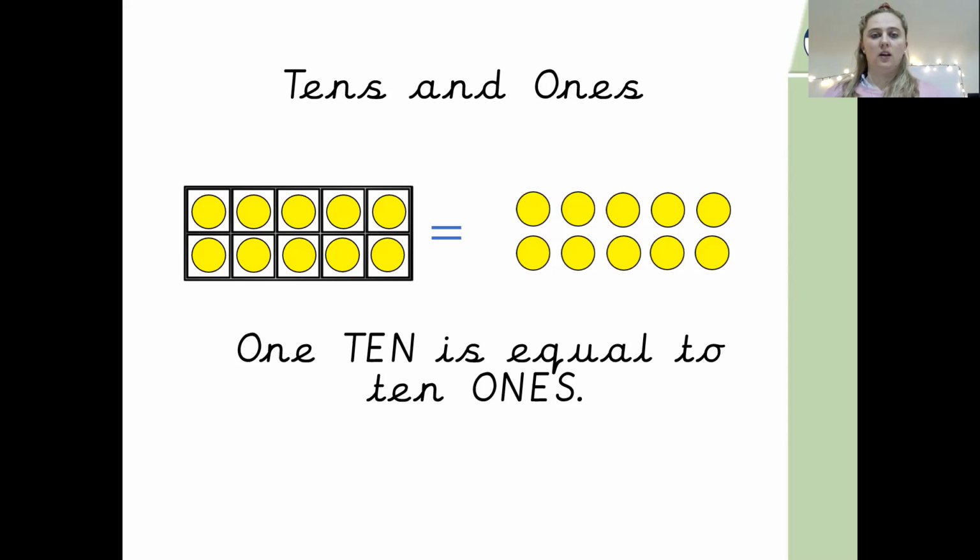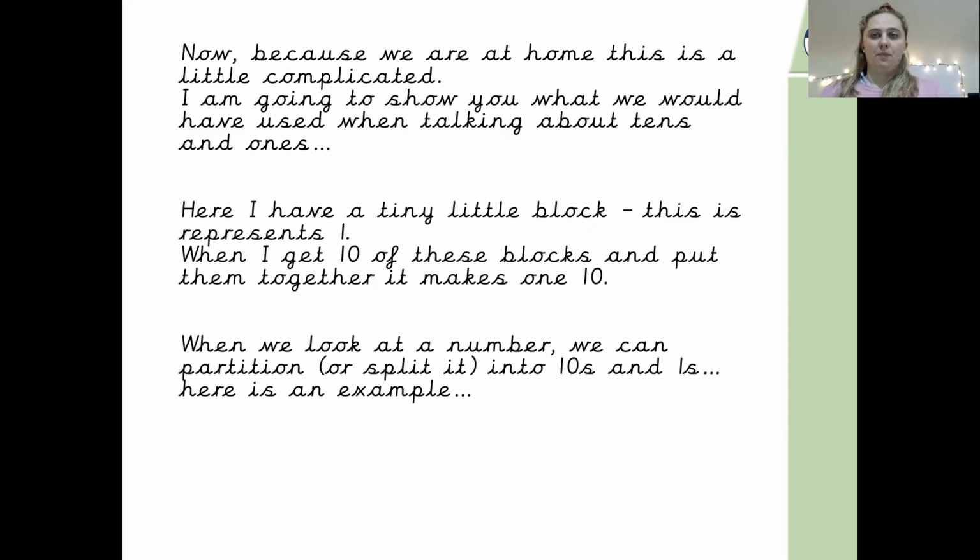Fantastic. Well done. Now, because we're at home, this is a little bit more complicated. I'm going to show you what we would have used when we would have been talking about tens and ones if we were at school.